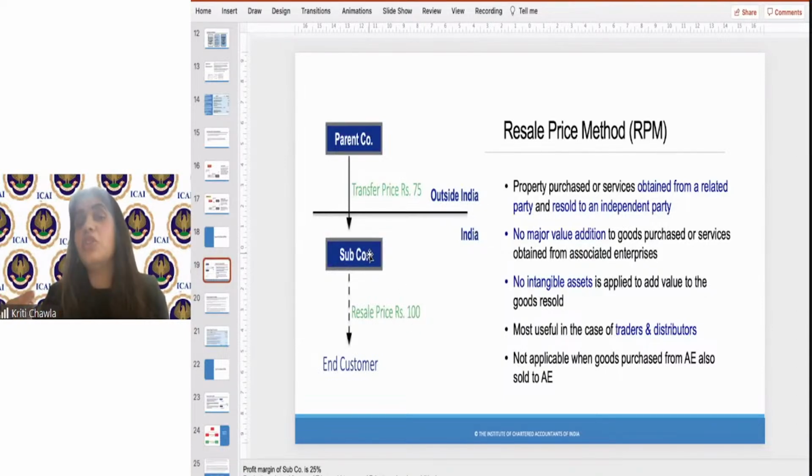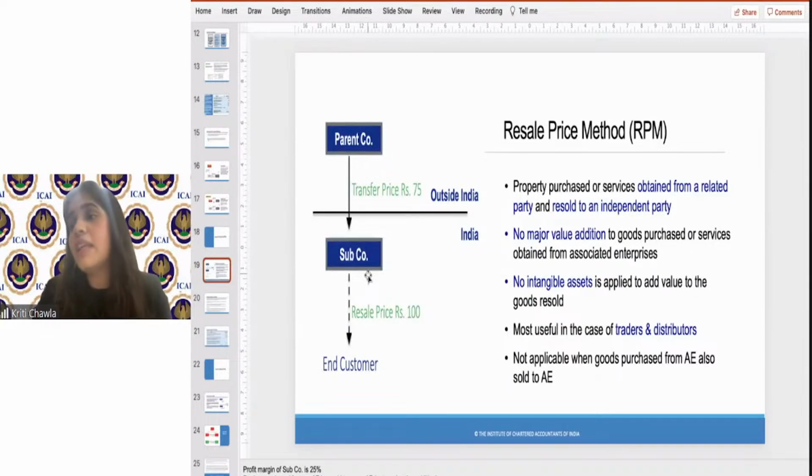Now, this is what you need to substantiate, that the profit that the subsidiary company has earned, which is 25 in our example, is at ALP. How do you substantiate that? Well, what you can do is look at related parties in the industry who are also doing the same thing.